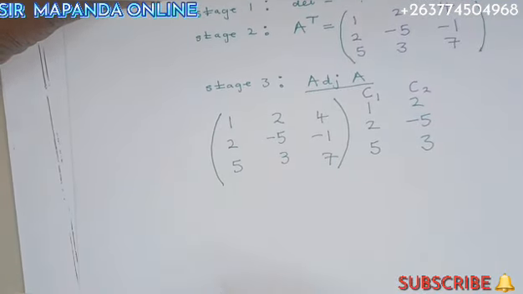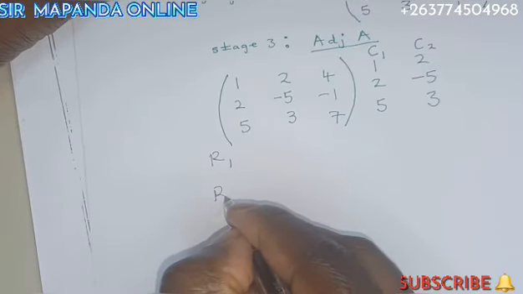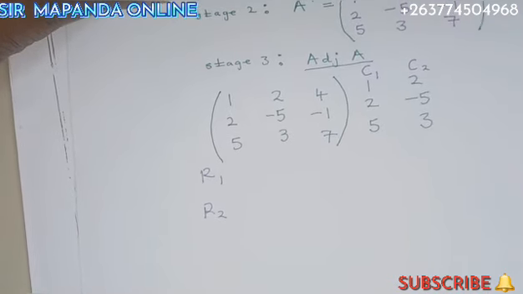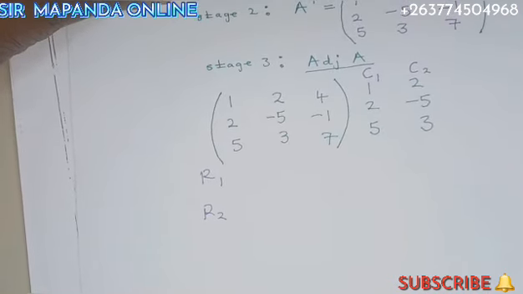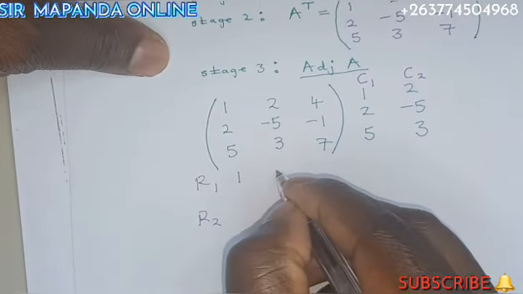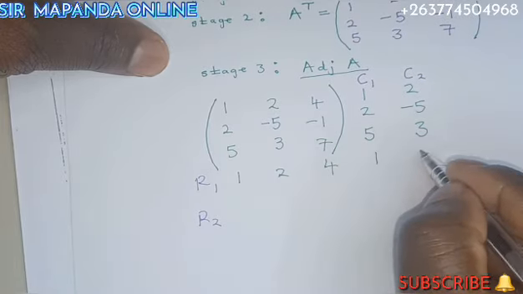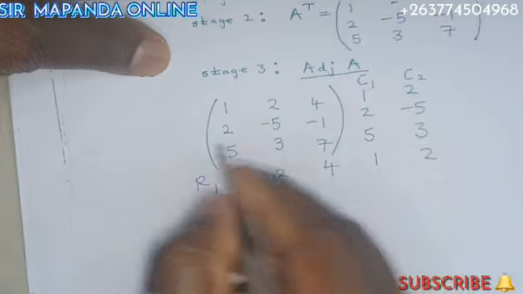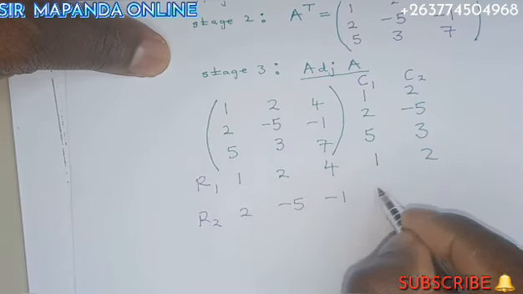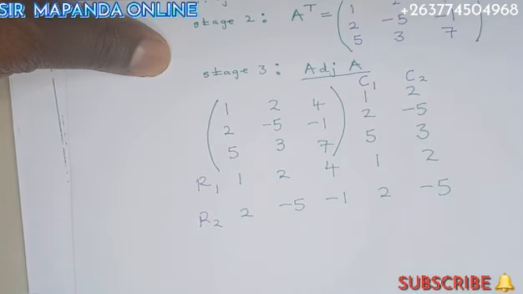After finding C1 and C2, you find R1 and R2. R1 and R2 denote the first row and second row. So the first row is 1, 2, 4, then you write 1 and 2, including C1 and C2. The second row is 2, minus 5, minus 1, then 2 and minus 5, including C1 and C2. I hope you are following.